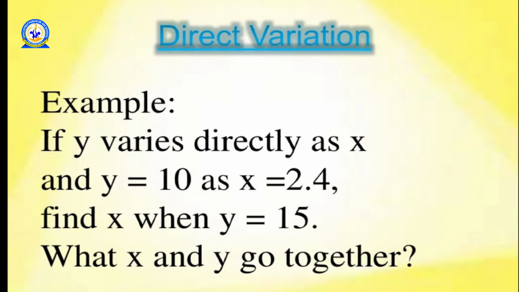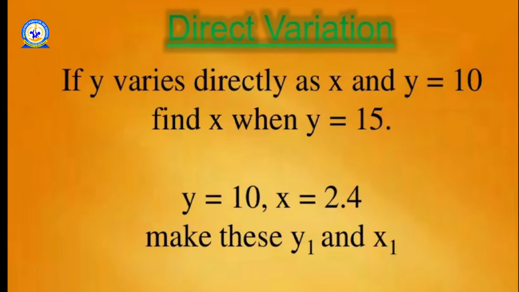For example, if y varies directly as x and y is equal to 10 when x is equal to 2.4, find x when y is equal to 15.